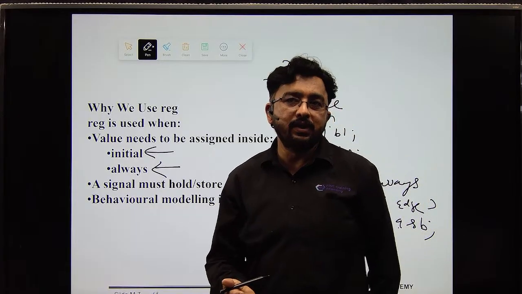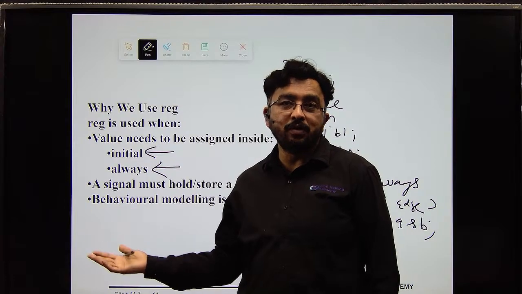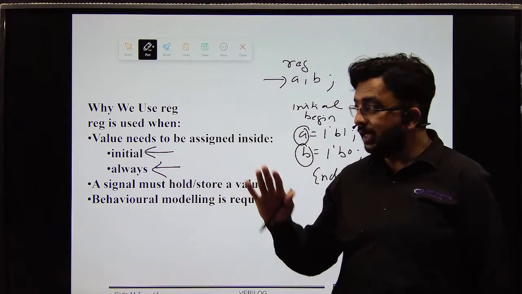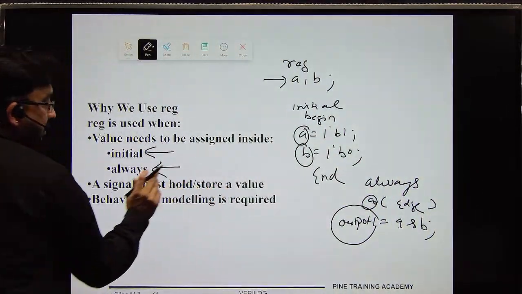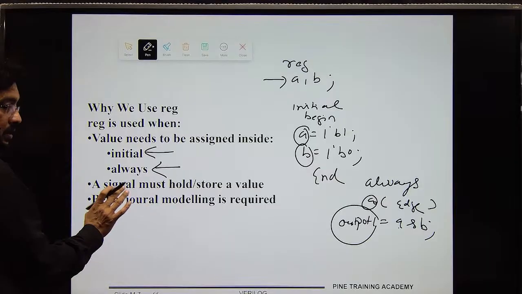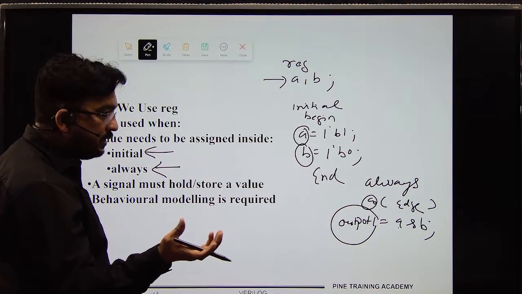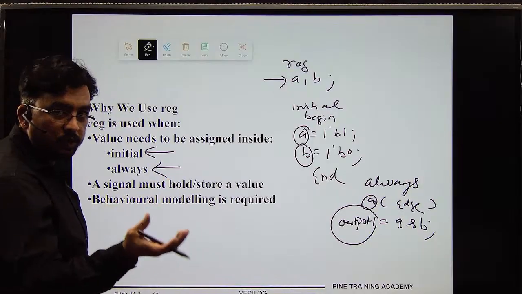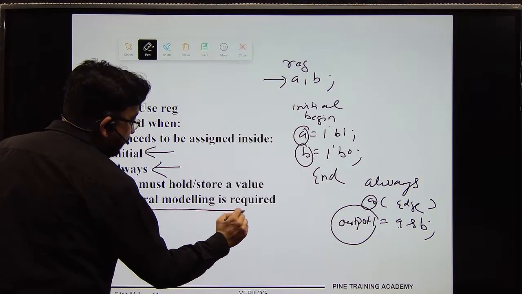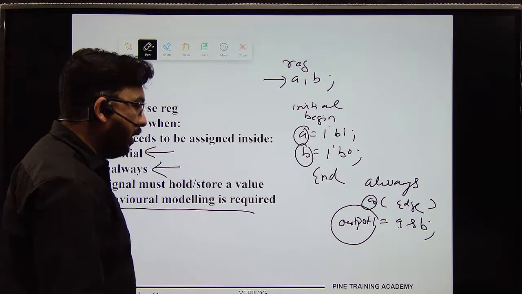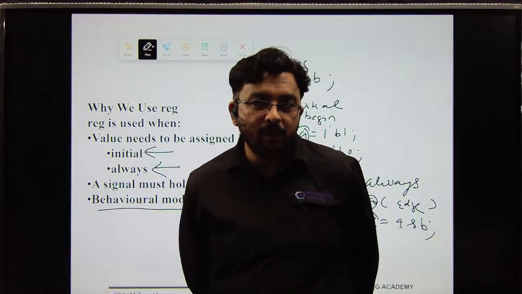If you don't understand the reg, you don't understand the Verilog. Okay, so that is why I am trying to give you more information about the reg. So just hold on and watch it. Reg is a part of the behavior modeling.